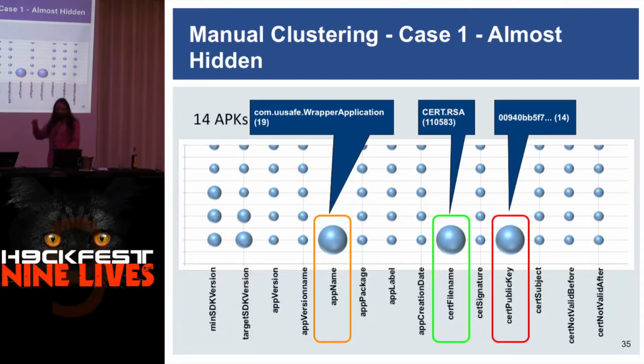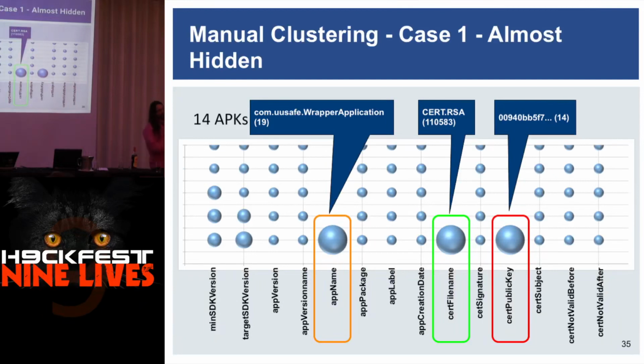So we've got 14 APKs that are grouped together with these tabs. What we've done here is we've taken each feature that we've extracted, and the bubble is a specific value for that feature. The larger the bubble, the more APKs have that value. For the certificate file name, all the 14 here use the same file name.